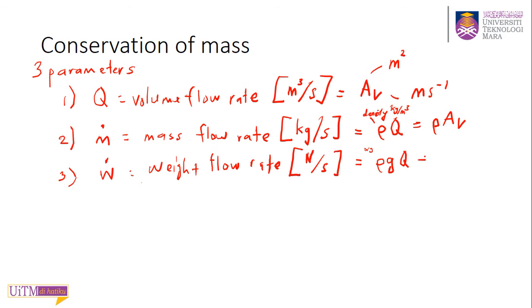Or you can write it as, the rho G is equal to your specific weight, gamma. So gamma Q. If they give you the specific weight, that means your rho G. Or you can also change this Q in terms of A V, and that means this equation will be rho G A V. So that is weight flow rate.